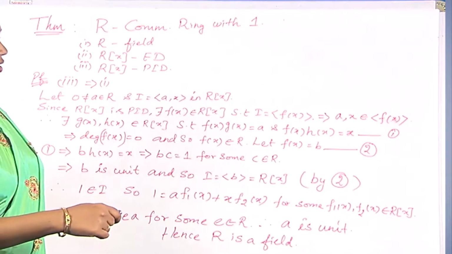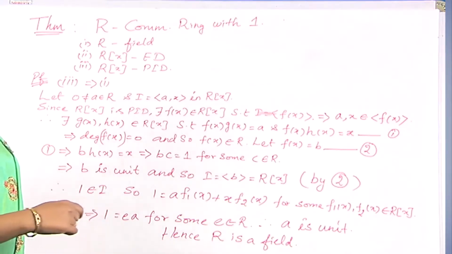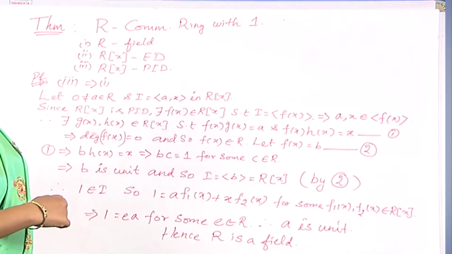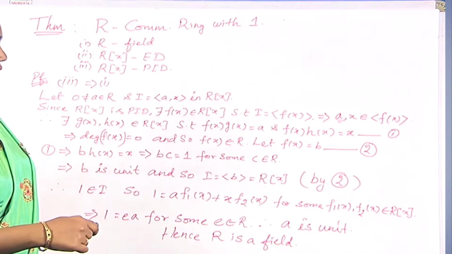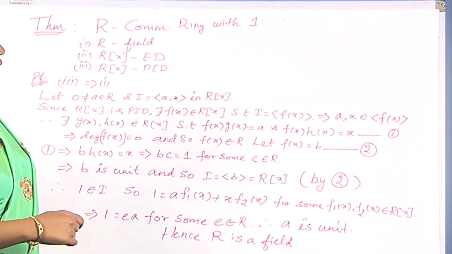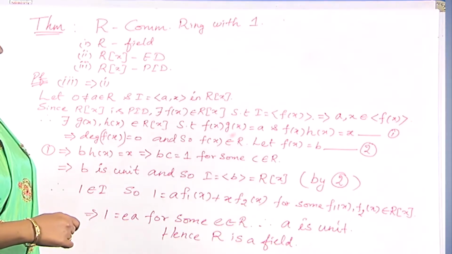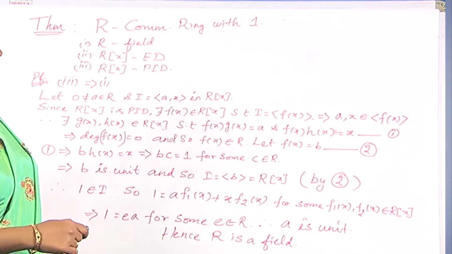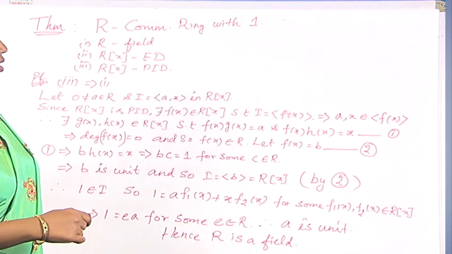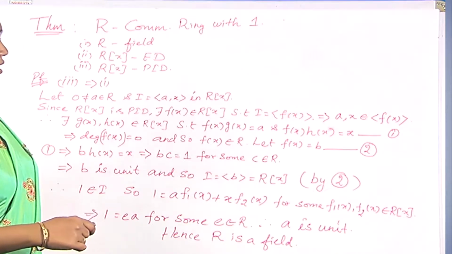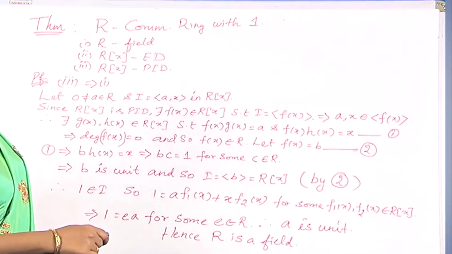So, there exist g(x) and h(x) belonging to R[x] such that a can be written as a product of f(x) times g(x), and x can be written as a product of f(x) times h(x). Why this is so is because it is generated by f(x). Now, take this as equation 1.